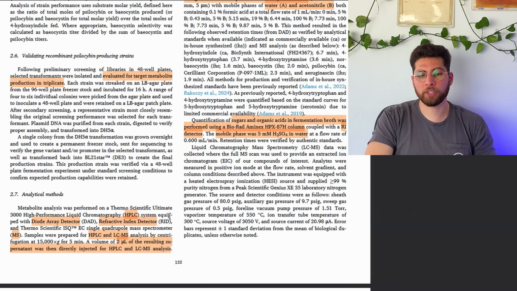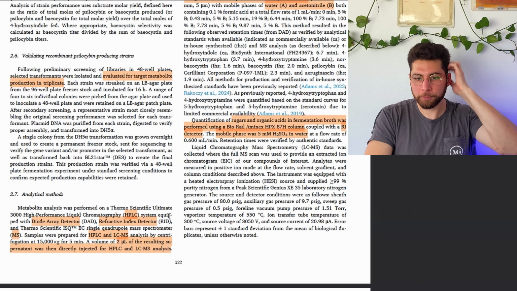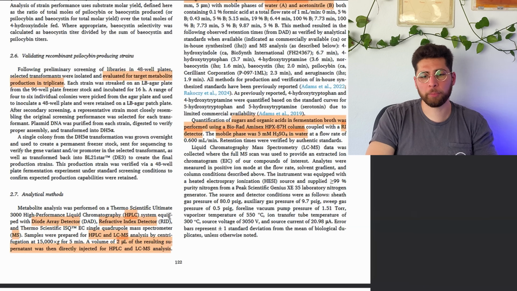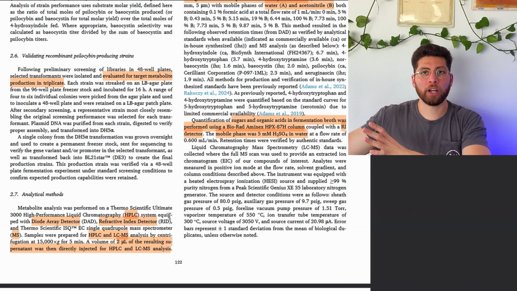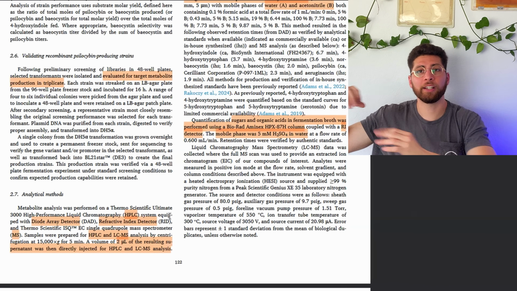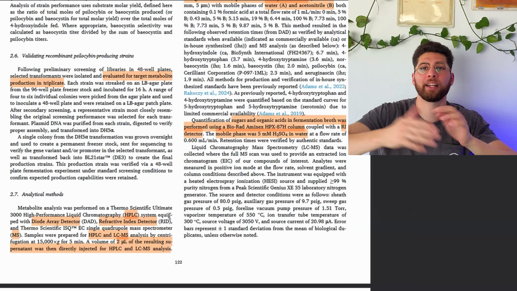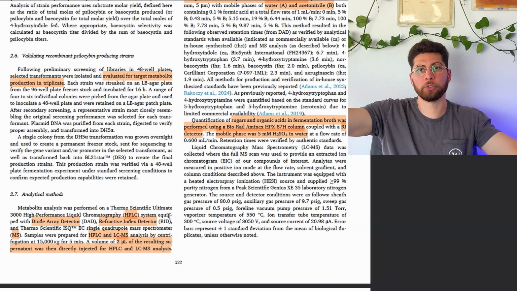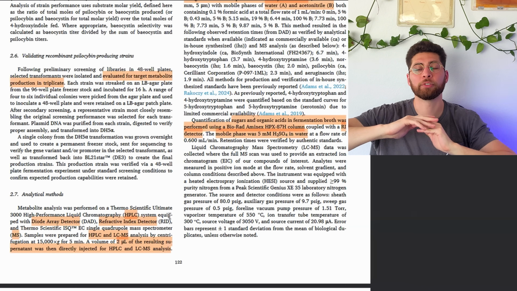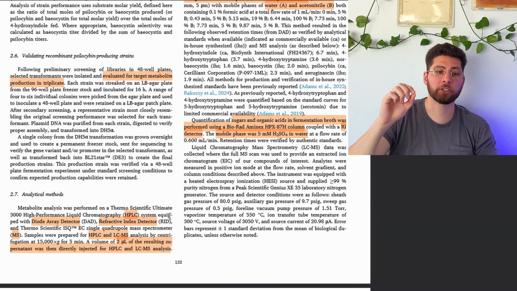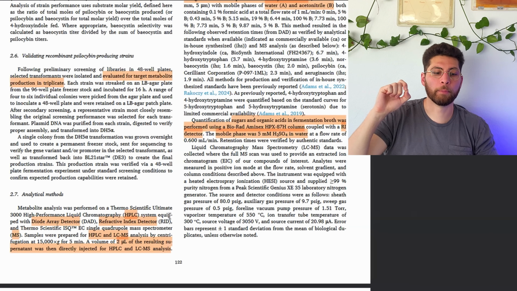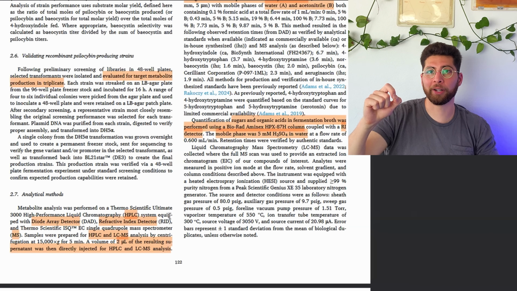And then they also used LCMS, so liquid chromatography coupled with mass spectrometry. Mass spectrometry takes the chemicals coming off of the HPLC, ionizes them, and sends them through a really strong electromagnetic field to split them up into their individual components. And it gives a chemical fingerprint, so you can actually identify which chemical is coming off.